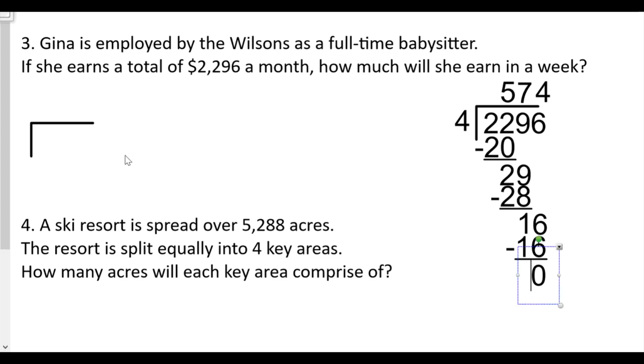So a ski resort is spread over 5,288 acres. The resort is split into 4 key areas. How many acres will each key area comprise? So, oops, grab that again. There we go.